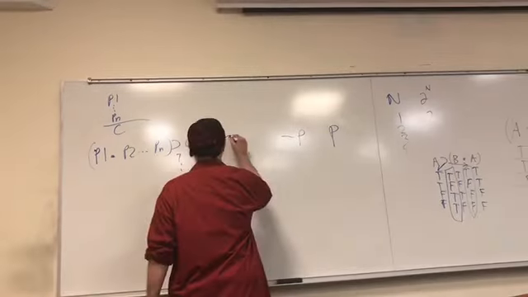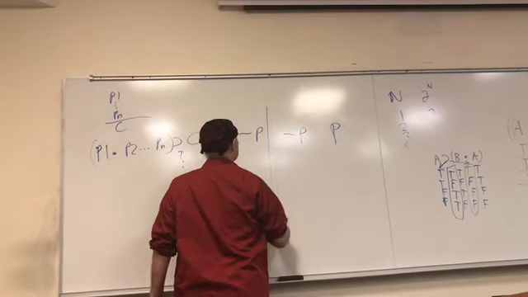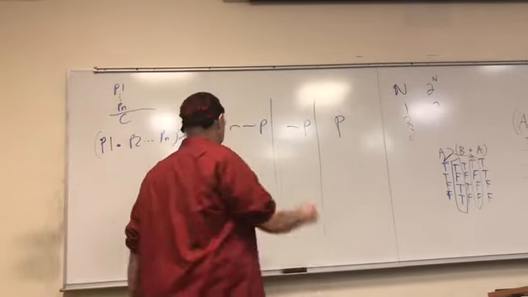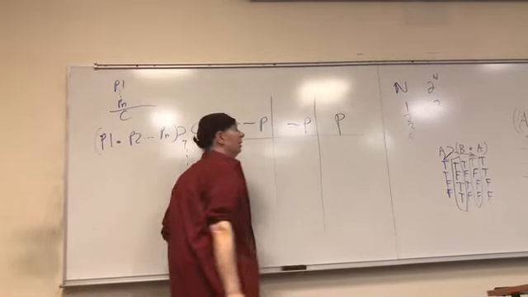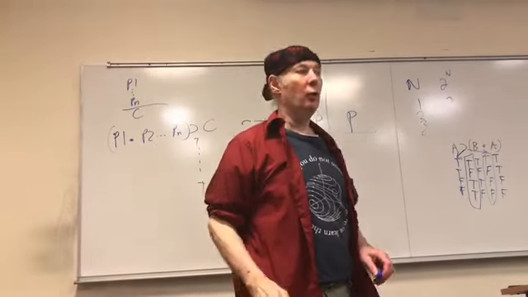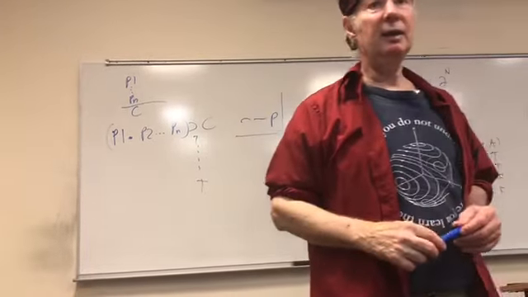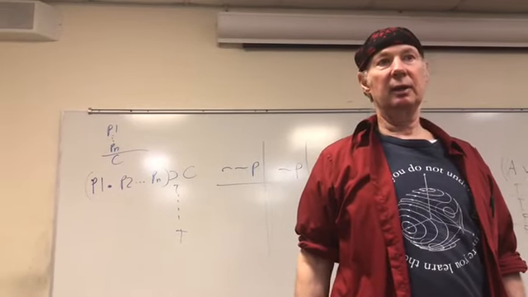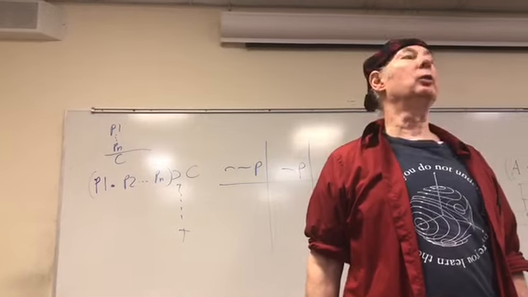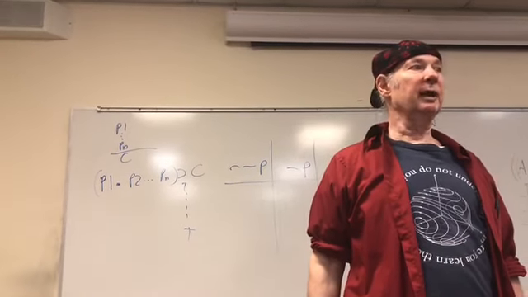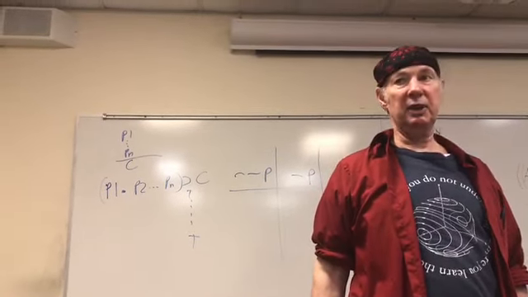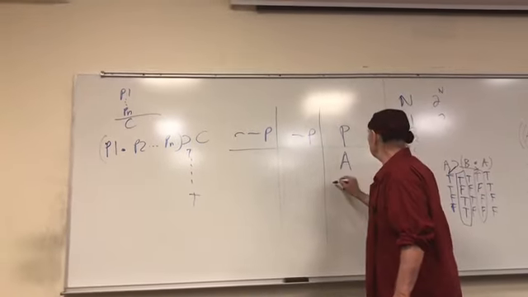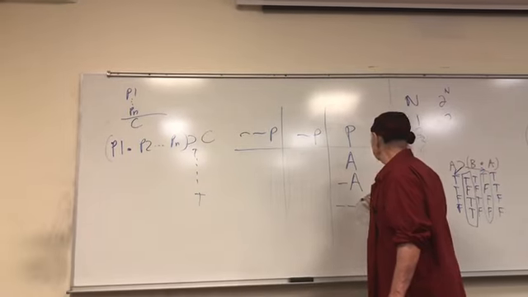And squiggle squiggle P has more structure than squiggle P. So here are 3 sentence forms: P, squiggle P, and squiggle squiggle P. Underneath them, I will write in each column 3 sentences from sentence logic. A, squiggle A, and squiggle squiggle A.